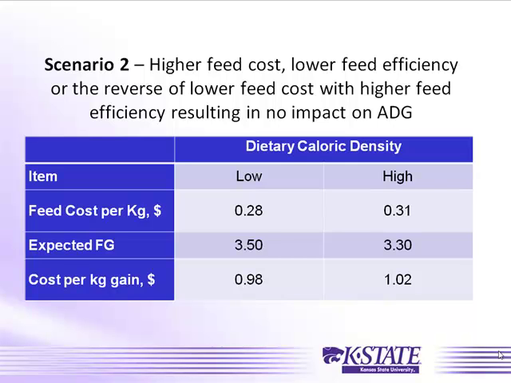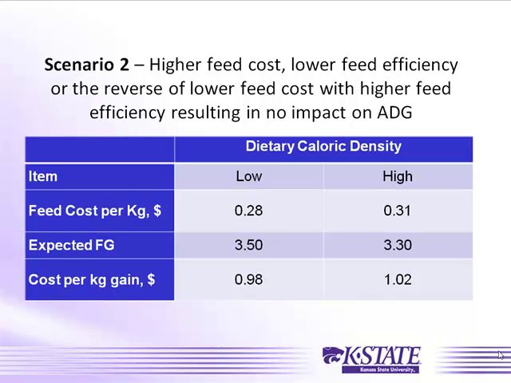So this is a scenario where if you convert it, you just take the feed cost per kilogram of gain times the expected feed per gain. We've got 98 cents per kilogram of gain here where we have our high caloric density times our expected feed efficiency. See, we've got a better feed efficiency, but it took us higher cost diets to get it.